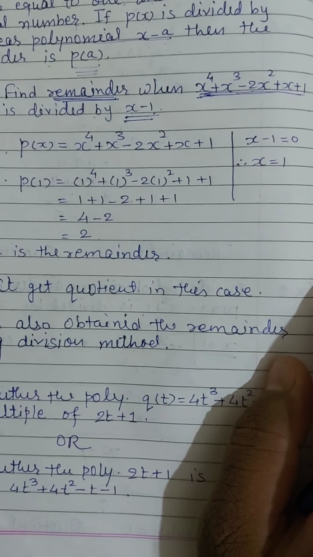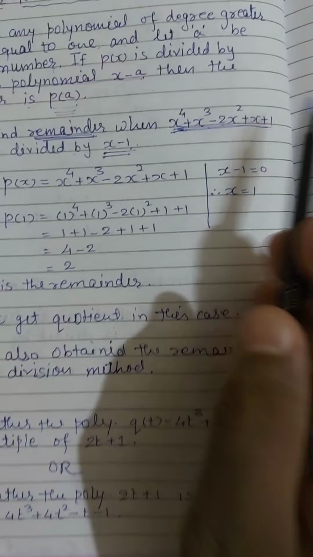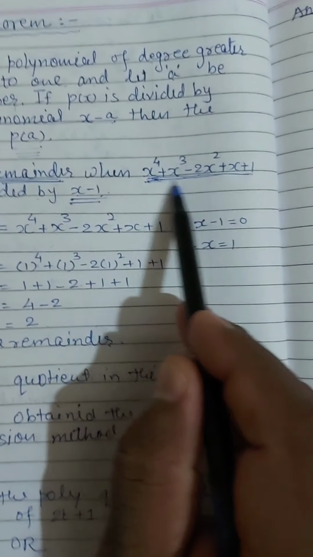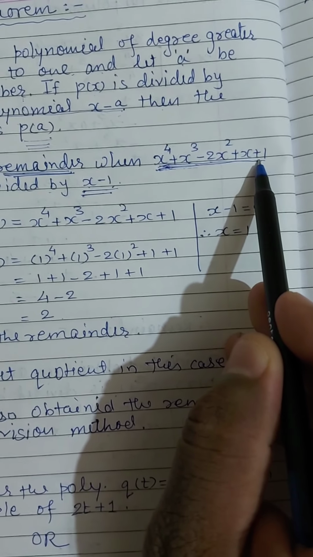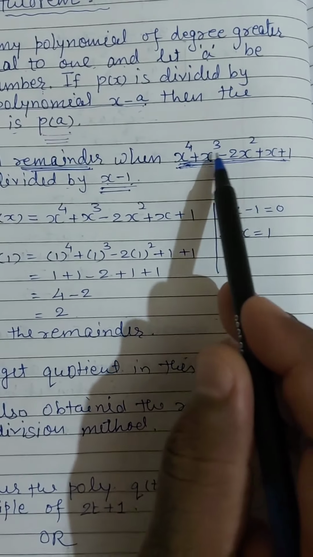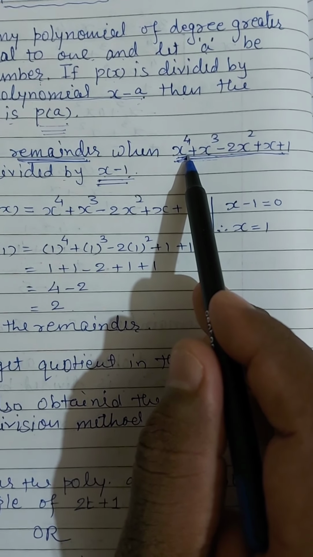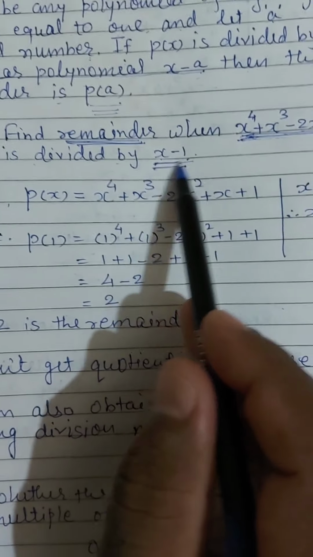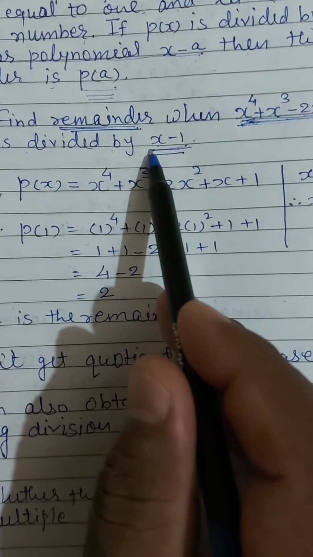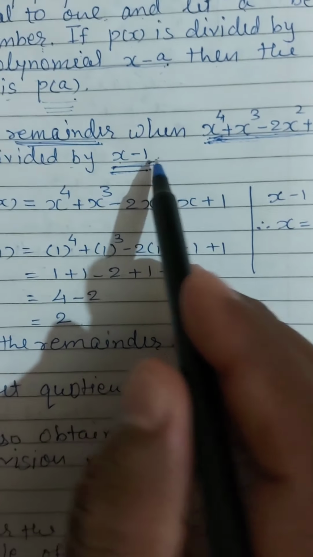But one condition is there: the given polynomial which is to be divided must be of degree greater than or equal to 1, and it must be divided by a linear polynomial. Right?